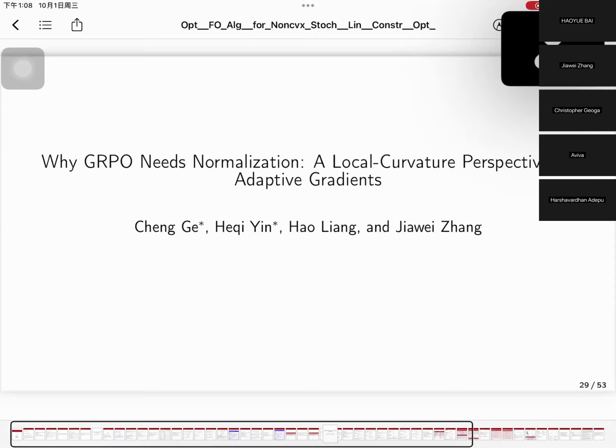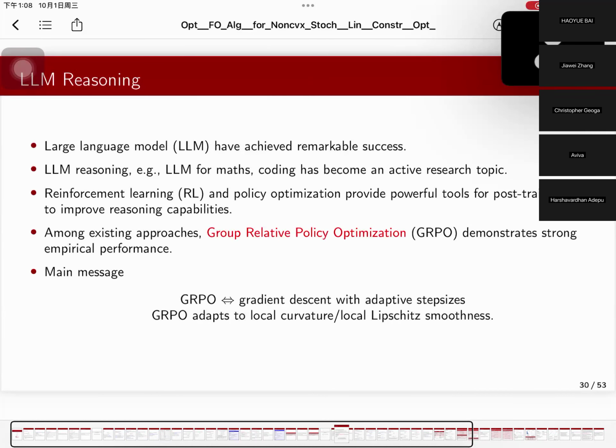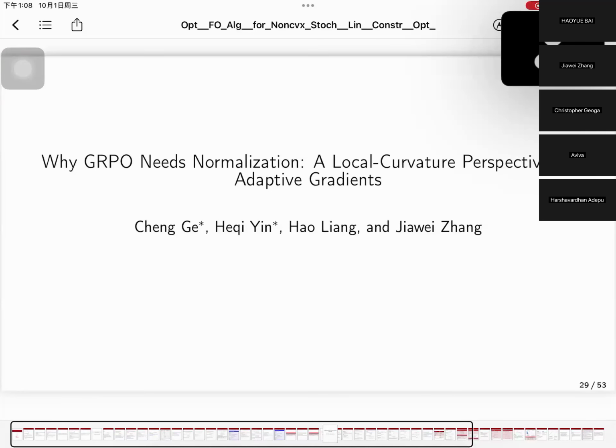I just analyzed a recently very popular algorithm for large model reasoning called GRPO, group relative policy optimization. We show that this algorithm is actually just an adaptive gradient descent. This is work done by Chen from MIT, my student He Qi, and my collaborator from KCL.